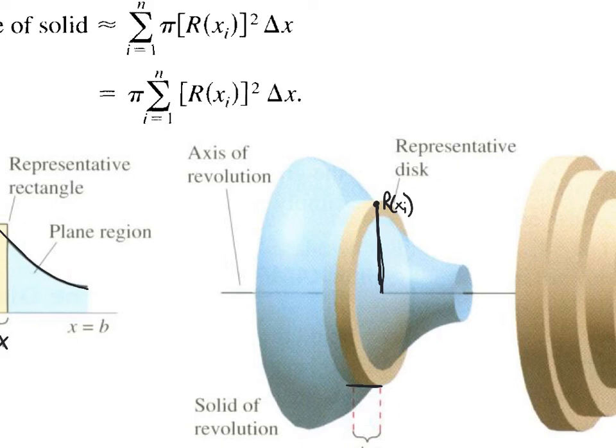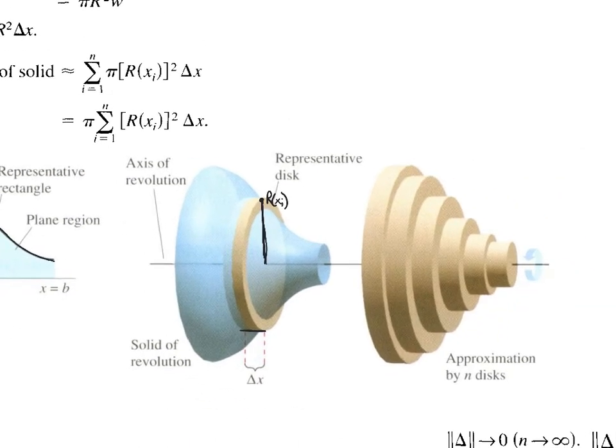To find the volume of this entire object, I'm going to cut it into a bunch of disks. You guys can kind of see where we're going with this. It's just like what we did with Riemann sums. Instead of cutting it into a bunch of rectangles, now I'm cutting it into a bunch of discs. If I do n discs, that's going to approximate the volume.